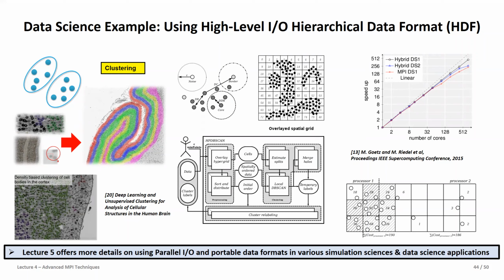This kind of hierarchical data format really matters. The way we use it is about the parallel clustering I was alluding to, which we will look into more closely in one of our lectures about machine learning and data mining, where we have the idea of having a big space.